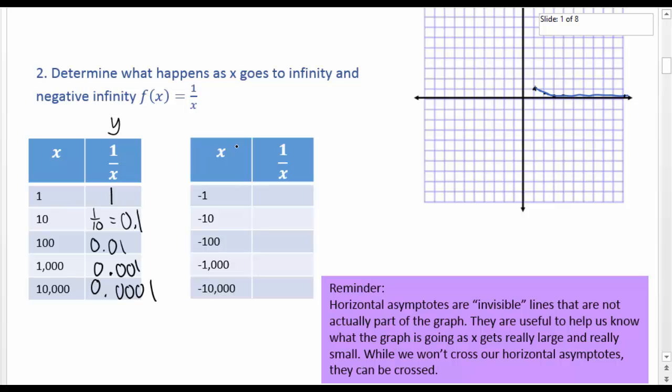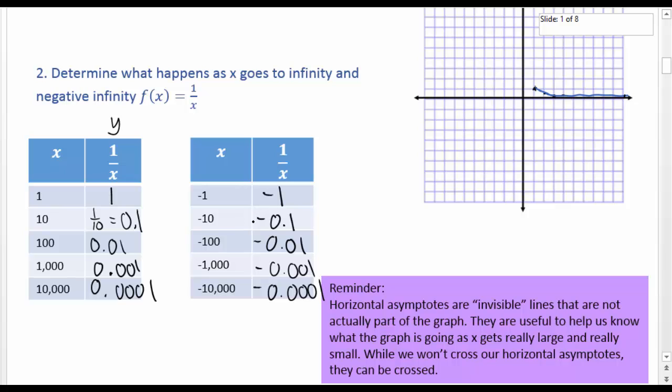Now let's look at whenever we plug in these negative large values for x. So when we plug in a -1, we're going to have 1 over -1, or -1. When we plug in a -10, we're going to have 1 over -10, or -1/10. And then -1/100, -1/1,000, and -1/10,000.